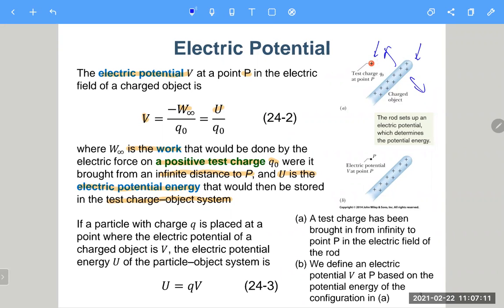And at point P, if you move a charge from infinite far away to here, you need the work done, W infinity. As long as this is positive, this is also positive, so they will repel each other, which means that you really need to spend some effort to put the charge there.